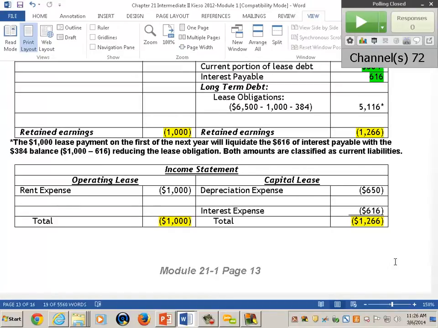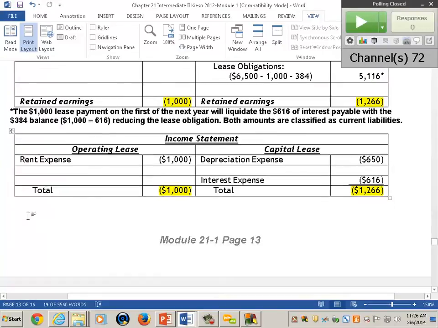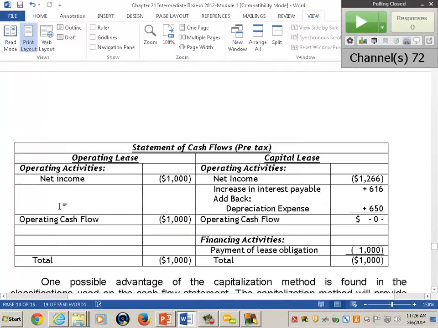Okay. All right. And finally, the last thing we did was cash flow. And again, there could be a slight advantage here for our friends with the capital lease because operating cash flows are higher. With rent expense, it flows right through net income and reduces operating cash flow. With a capital lease, what happens?